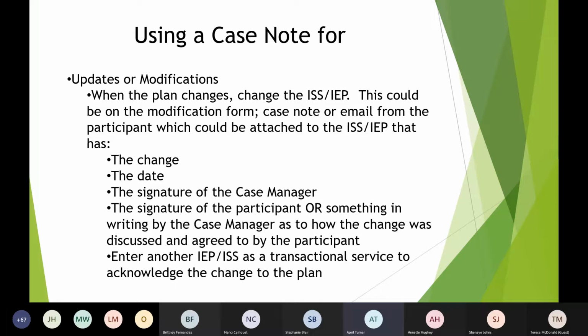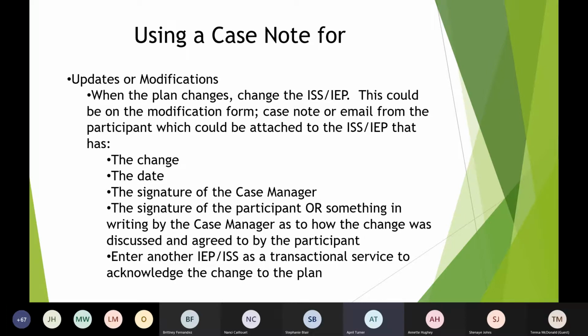Okay, this is probably going to be new to some people. Using a case note to update or modify an ISS or IEP. If you have an email from a participant, or if you have a text message or something like this, as long as you're putting that in the case note, you're writing it on a piece of paper, you're printing off that email, which shows what you're doing, be it a support, the person calls and says, I need help with gas.